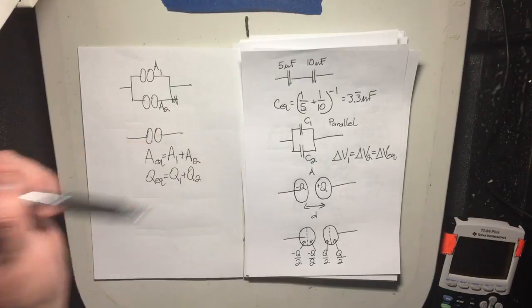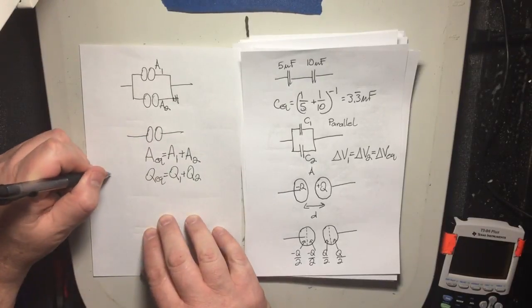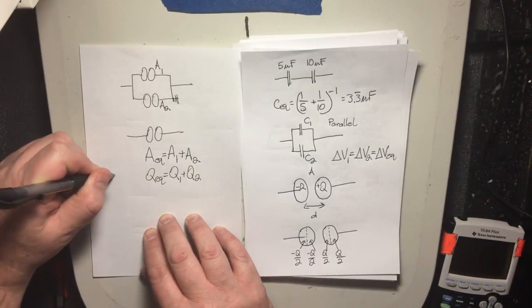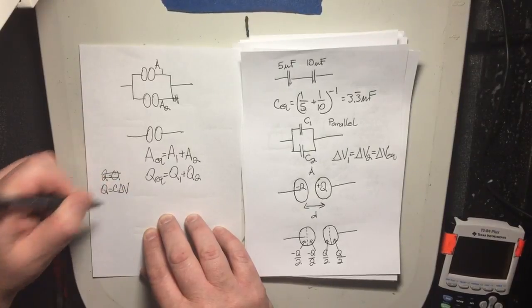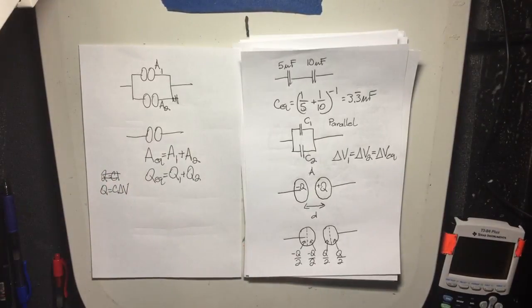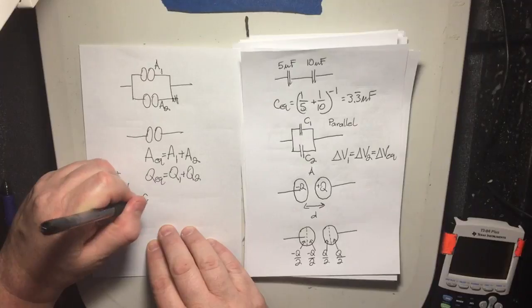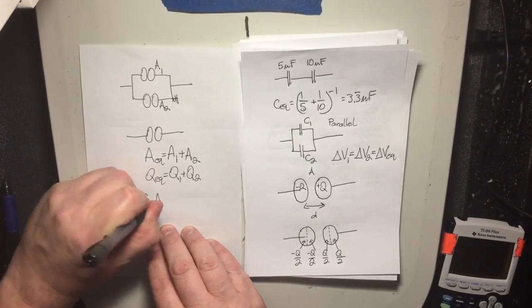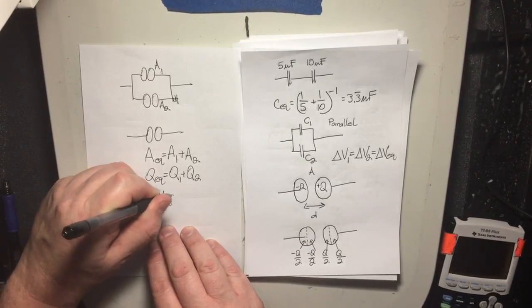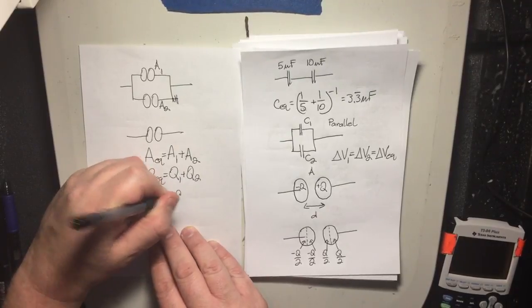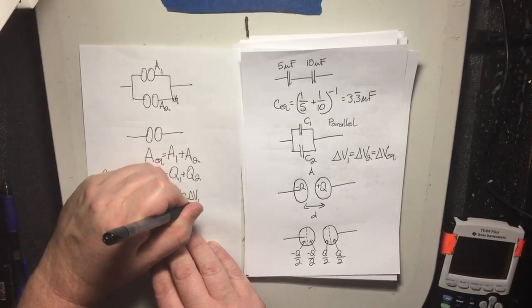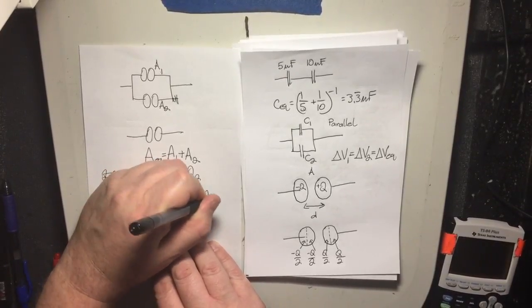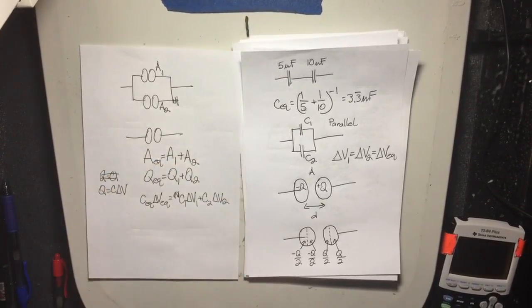And if you've got that, we're going to use Q equals CV, or actually, since you guys are now being very OCD about this, Q equals C delta V. So this is C equivalent delta V equivalent equals C1 delta V1 plus C2 delta V2.